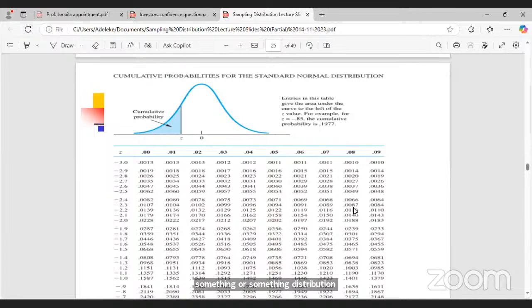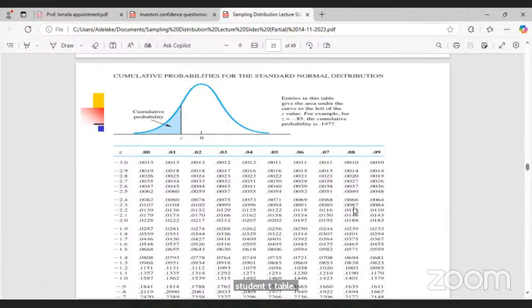At the end of last week's class, I advised us to go through the first pages of the textbook that I shared with you during FBA 220. So I said I will introduce you to 2 tables. I will introduce you to the cumulative standard normal table, and I'll also introduce you to the student T table.